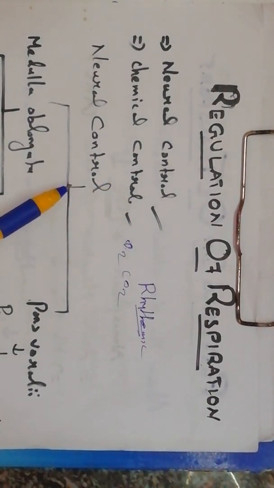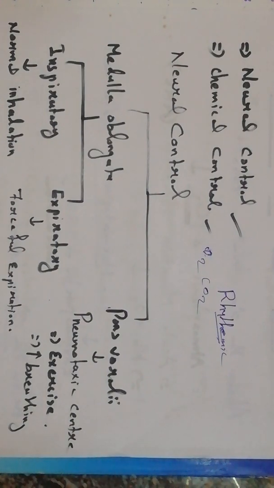In neural control, there are three neural control centers, or respiratory centers, present in the brain. Do you know about the divisions of the brain?